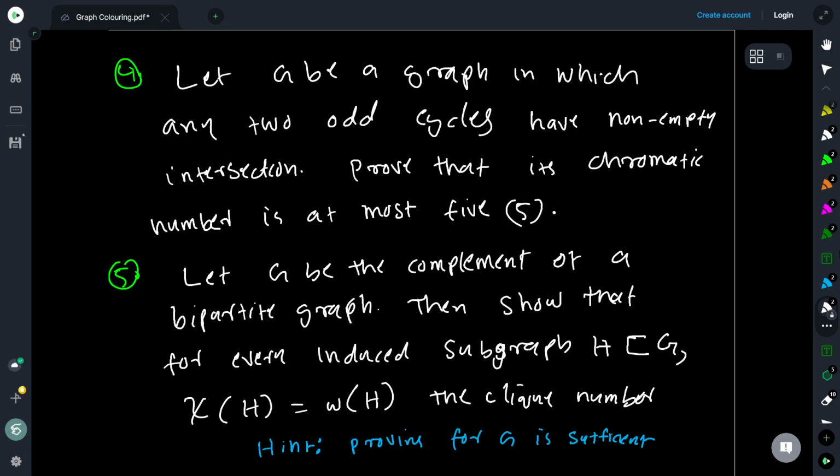A hint is that first you can observe that if I prove this for the graph G, it suffices. For every induced subgraph it follows in this special case. If you show that the chromatic number of G is equal to omega of G, then it also follows that the induced subgraphs also satisfy this property. So you can prove each of these statements in 2 steps.